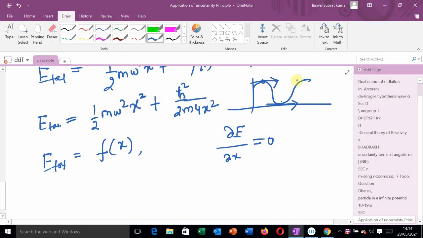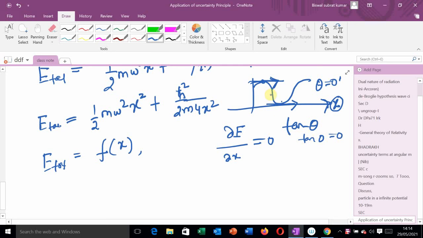The slope means the tan of the angle between the tangent and the x-axis. Here the tangent is parallel to the x-axis, so the angle theta is equal to 0 degrees, and tan 0 is actually 0.